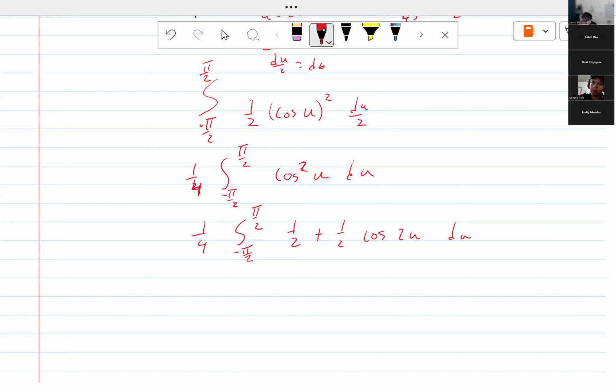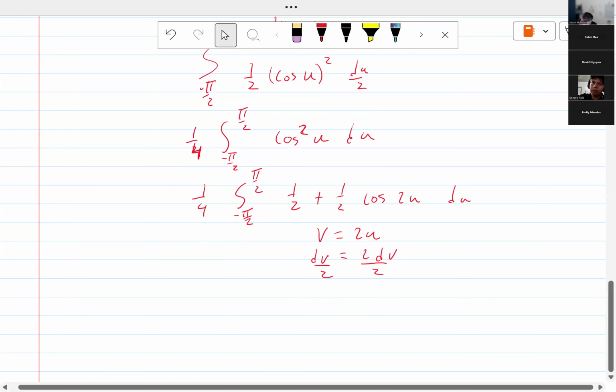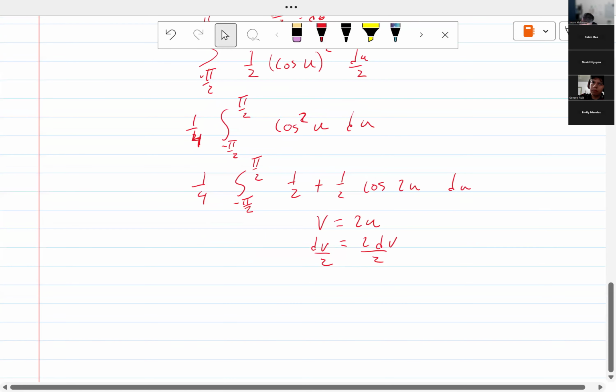Again, I'm going to do another u substitution here, we'll call it a v substitution. v is equal to 2u, dv is equal to 2 du, so du is dv over 2. So we're going to pull out another 1/2. This thing's going to have a lot of 1/2s.